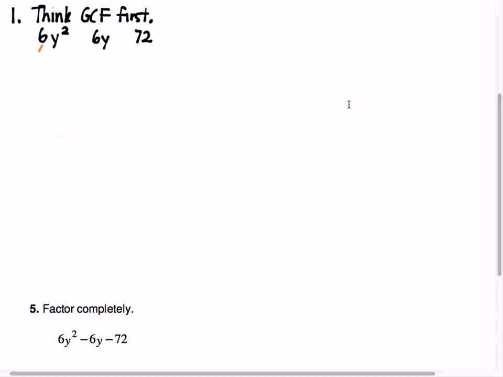If we find the greatest common factor of 6, which is 2 and 3, 6 again, which is 2 and 3, 72, which if we factor it, we can call it 8 and 9, and then 8 is 4 and 2, the 4 is 2 and 2, the 9.